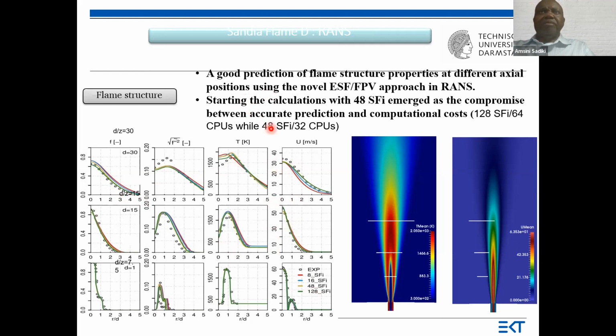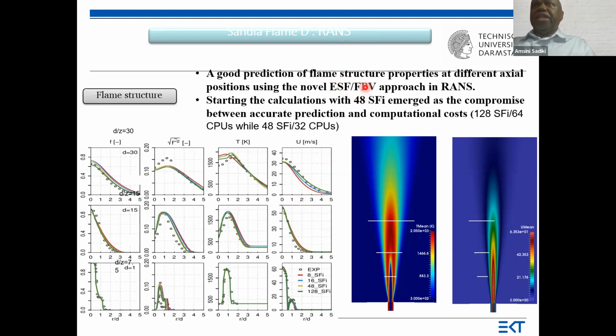We can then say that we have a good agreement, a good prediction of the flame structure at these different levels, here for the mixture fraction, for the variance, for the temperature, and also for the velocity of the flow field.